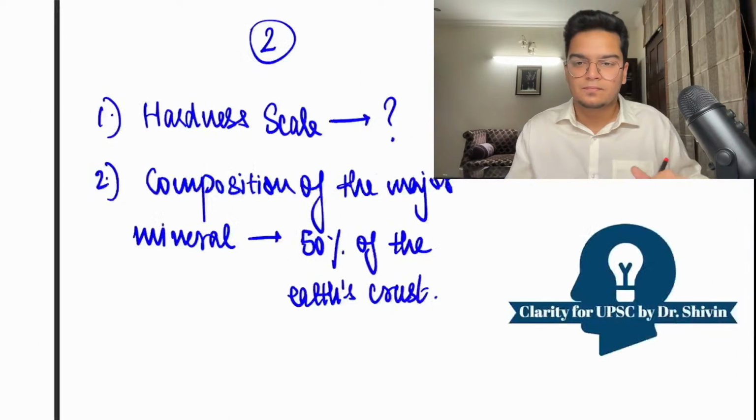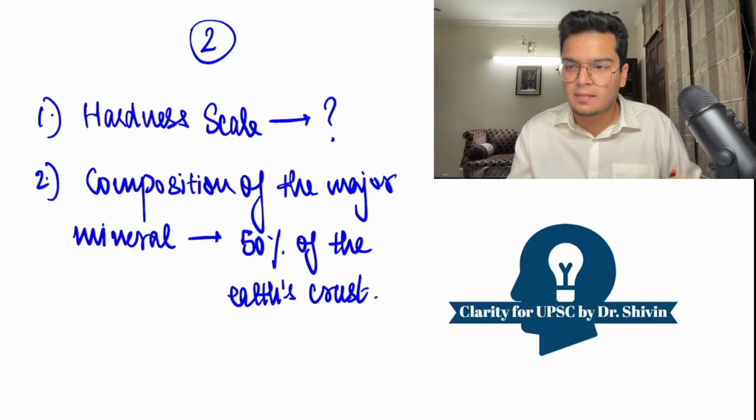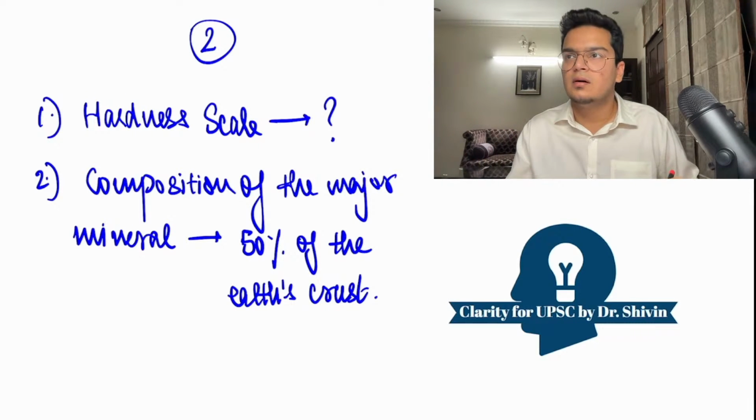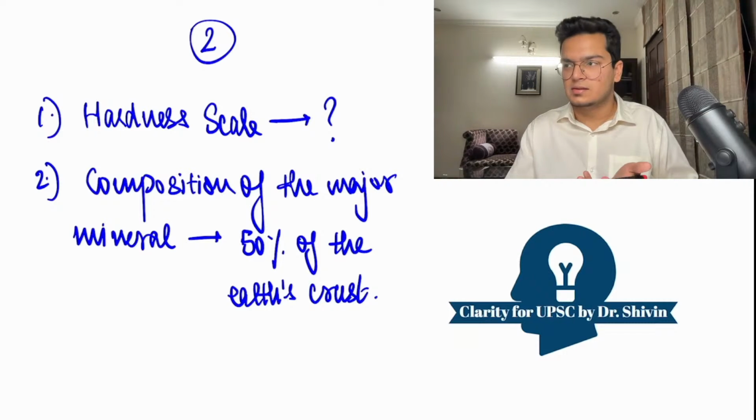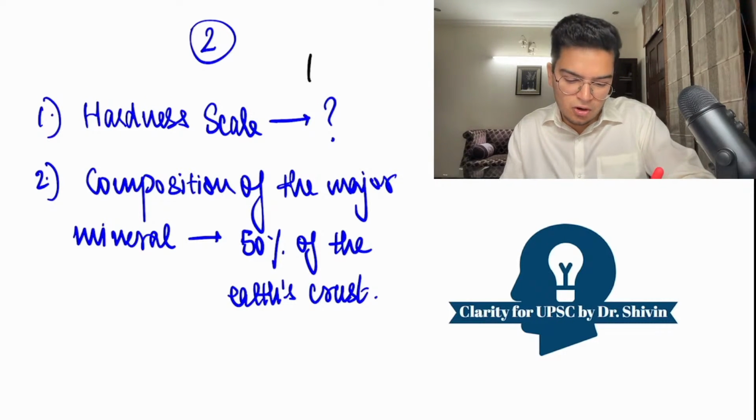Yeah. Now, hardness scale and the chemical composition of one of the most major minerals, right? So if you look at the hardness scale, it is called the Mohs hardness scale, right?